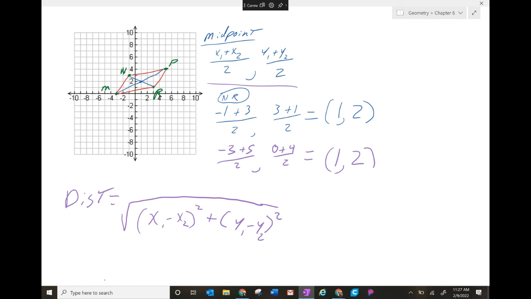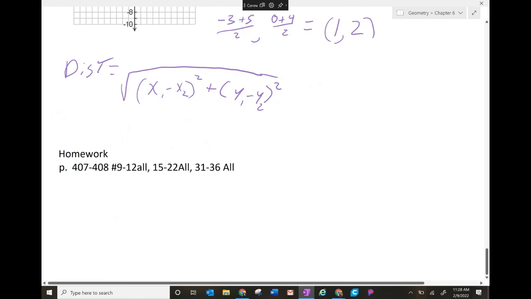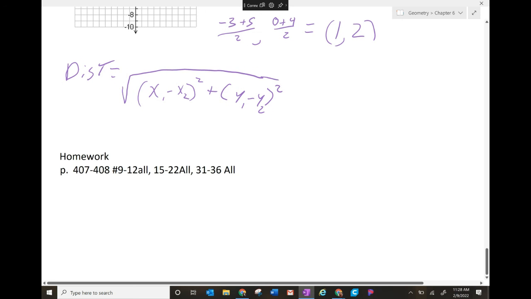Tomorrow is going to be an entire work day. I think we have 2 minutes left? Maybe? 4. We got 4 minutes left. So if you want to get started, by all means, you may. But what we're working on all day tomorrow is that 407 and 408, 9 through 12 all, 15 through 22 all, and then 31 through 36 all.